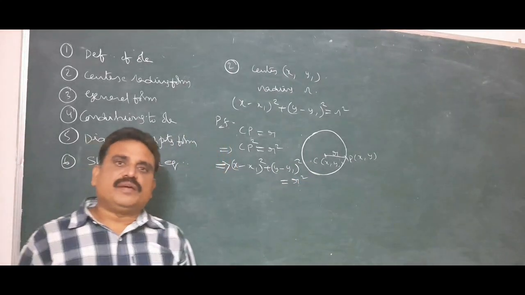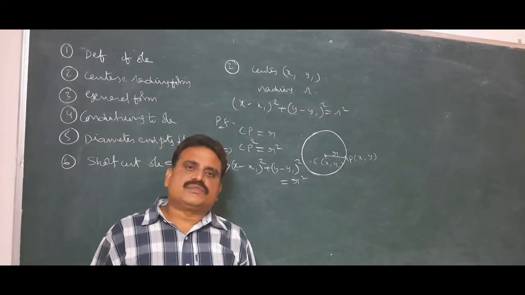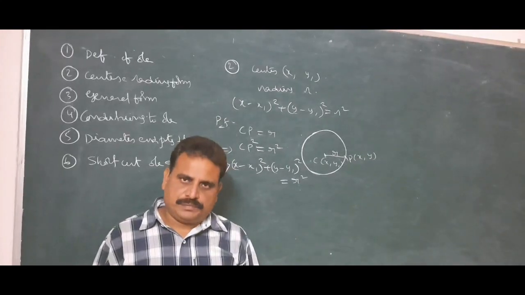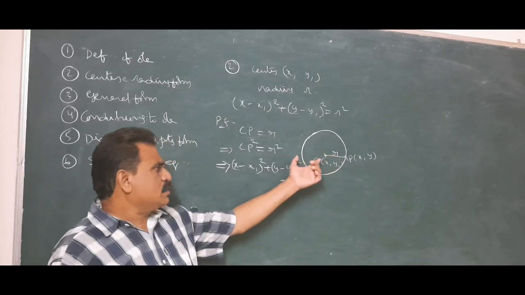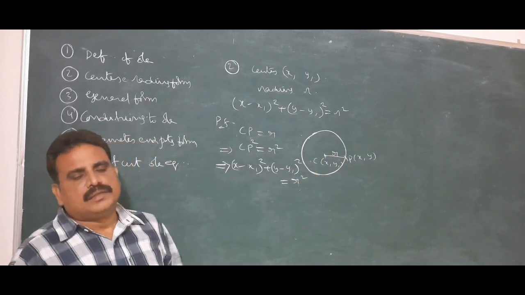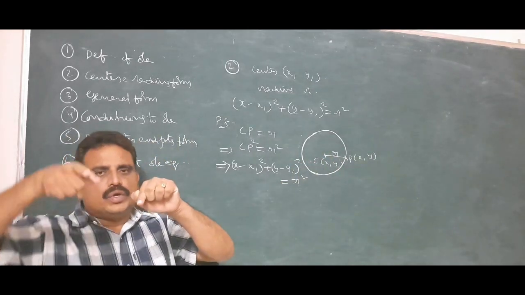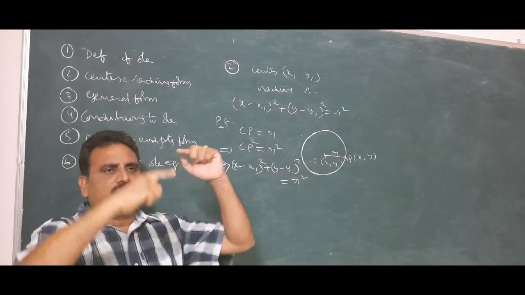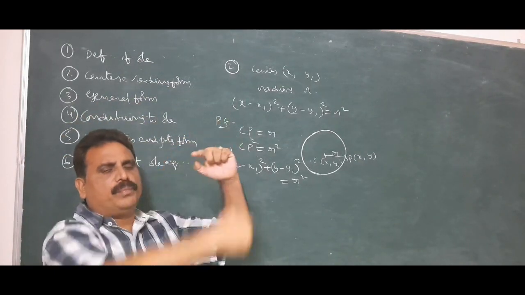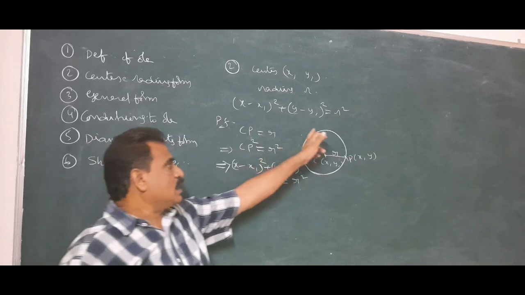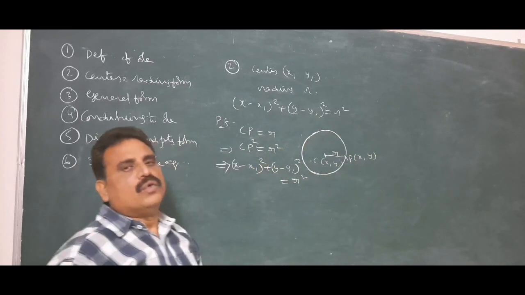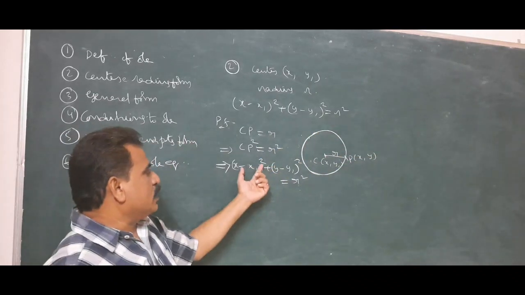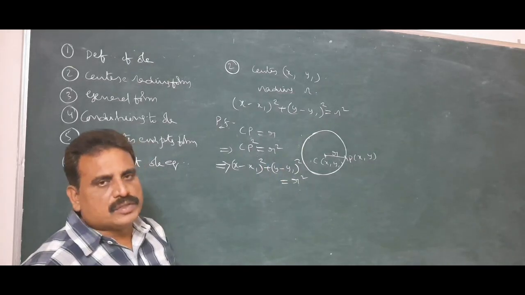Where P is a variable point, x1 y1 is the fixed point. The distance is constant from the fixed point C to any variable point on the circumference. That's why we get the circle equation x minus x1 whole square plus y minus y1 whole square equal to r square.